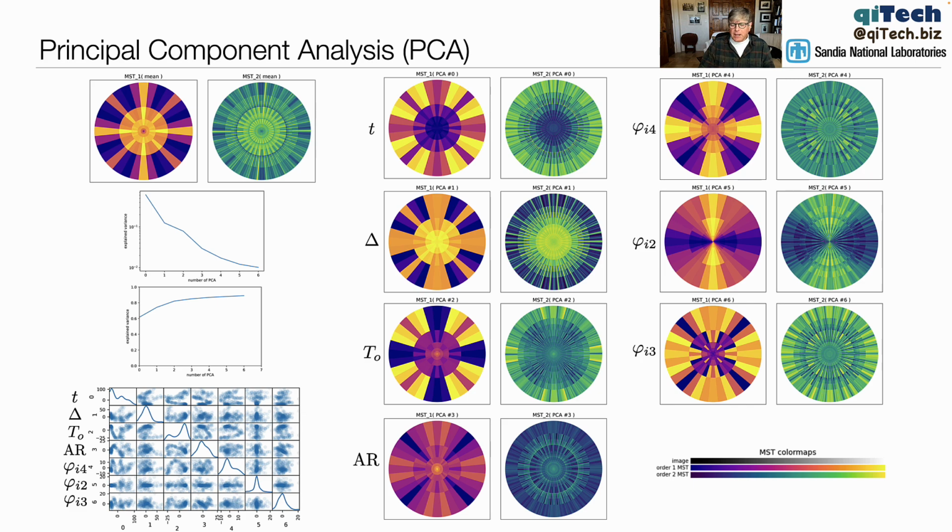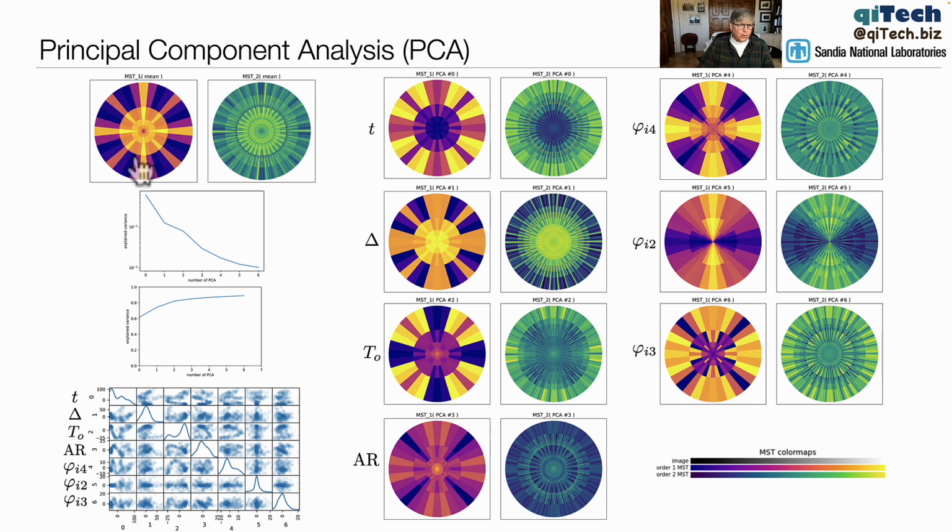Here is more detail on the principal component analysis. Each of the principal components, MSTs, are shown with a linear radial scale here, and the overall color maps are shown on the lower right-hand side with the identification of each of these principal components, which I'll explain on the next 2 slides to the left of it.